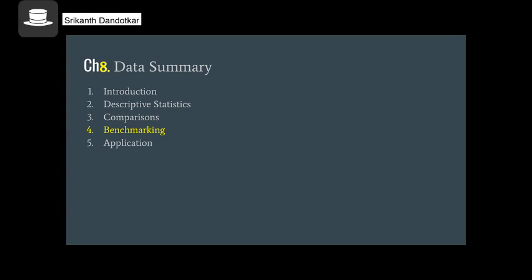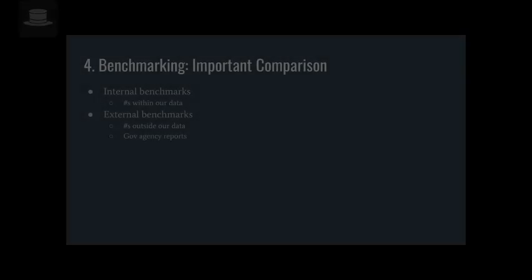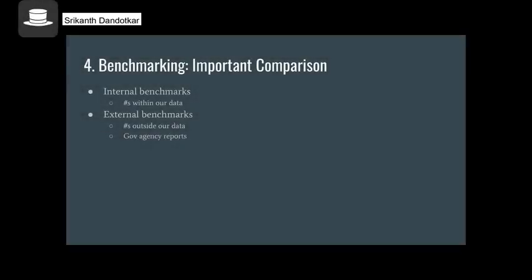Okay, a benchmark is a kind of comparison where you're comparing your numbers with specific numbers of interest, either within your data or outside of the data. We'll talk more about it in the next slide. So, coming to benchmarks, you're basically talking about a different kind of comparison between numbers.